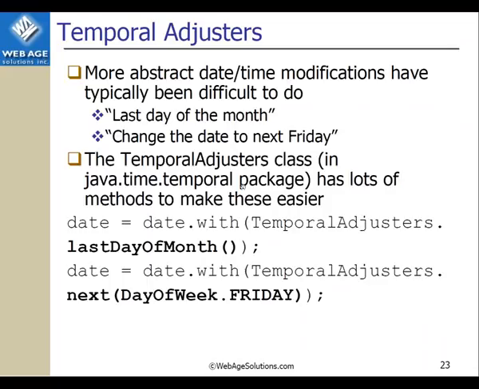Tons of methods to make this easier. So notice here I can pass in TemporalAdjusters.lastDayOfMonth. Thinking about right now, what's the last day of the month right now, and create a date with that. And also modify the date to say next Friday. So TemporalAdjusters has a next operation. In this case, there's an enumeration of days of week, and pass in Friday.